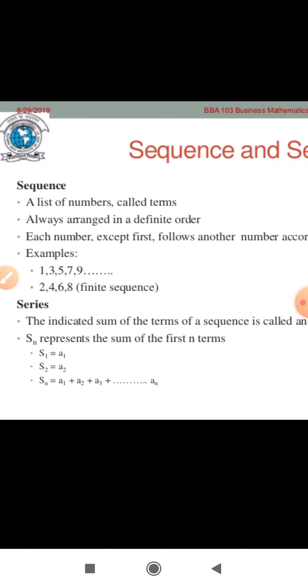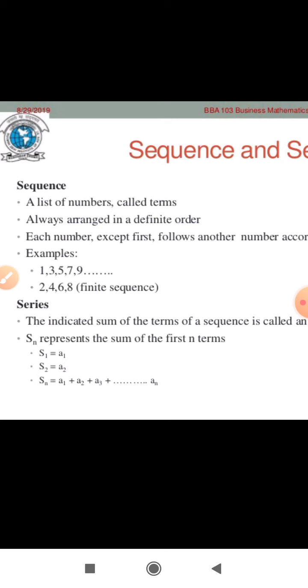This is an arrangement of n numbers where the difference between consecutive terms is 2. Similarly, another sequence: 2, 4, 6, 8, and so on. Here the difference between two consecutive terms is also 2.